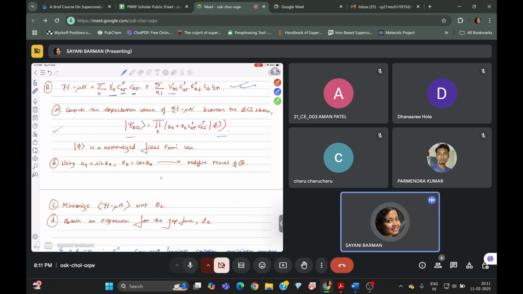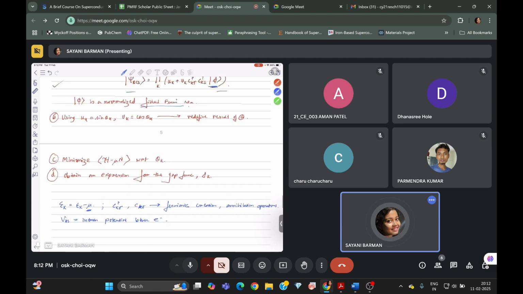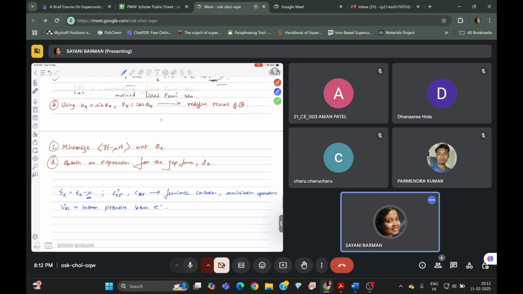Where you can see the BCS coherence factors have already been discussed earlier, and this term is the filled Fermi sea already mentioned in the question, where of course all states below the Fermi level are occupied.